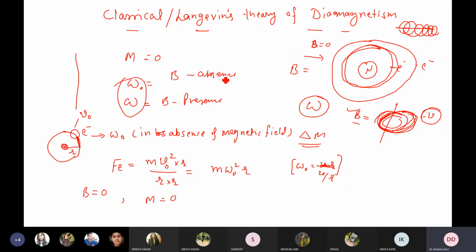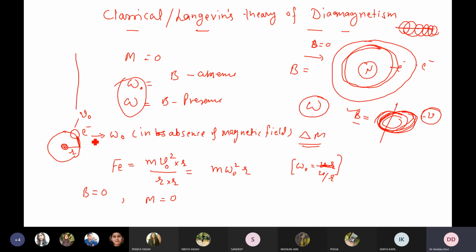We consider an electron revolving around the nucleus, where the radius of the orbit is r, and the electron is revolving with velocity v0, with angular frequency omega naught, right?